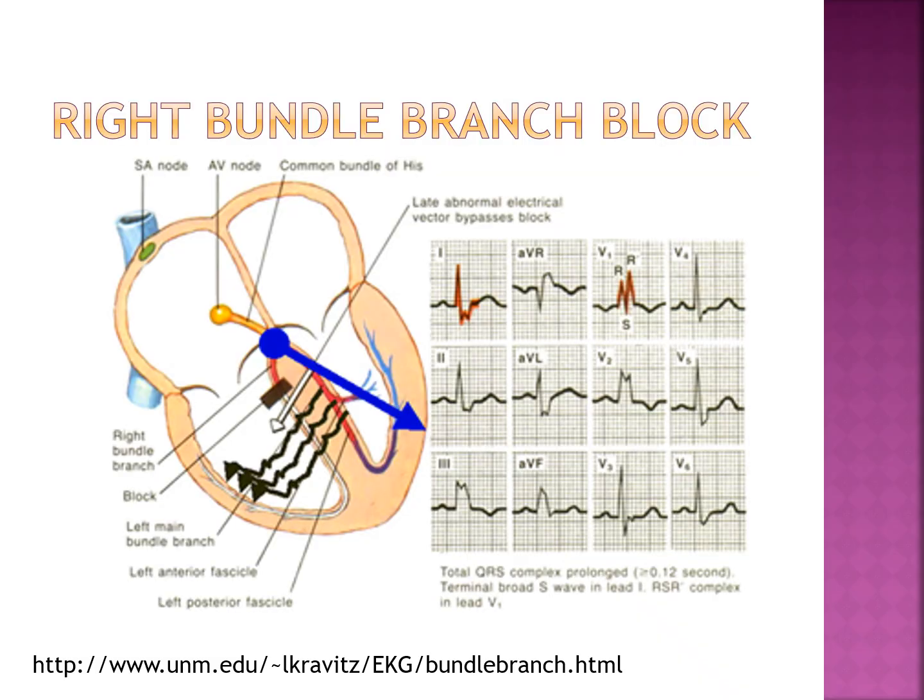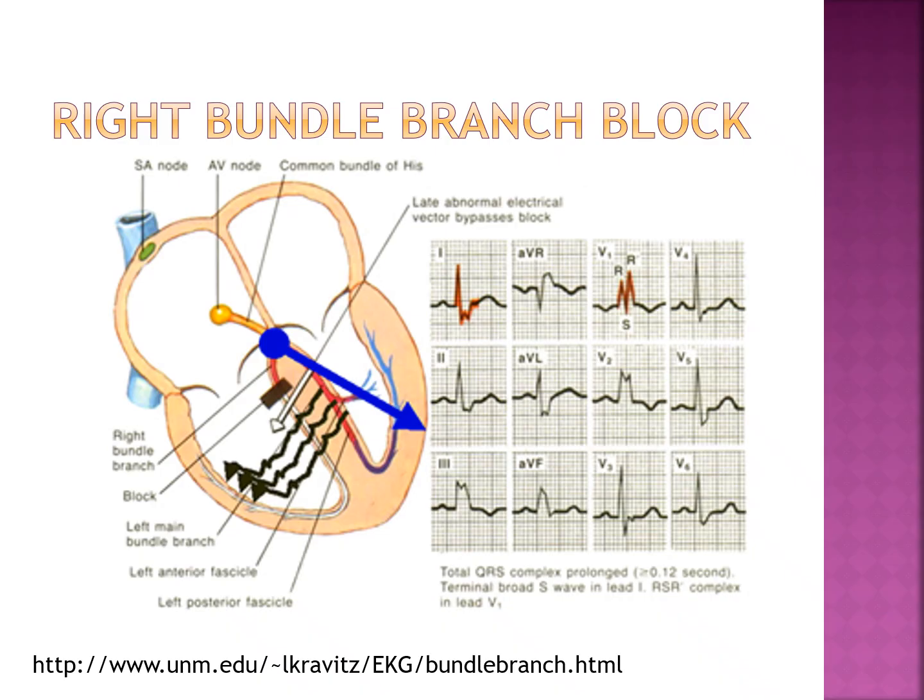When you have a right bundle branch block, and this is how I tend to look for it because it makes so much more sense to me in a lot of ways, looking at our picture here, we can see that the right bundle branch is blocked a little bit. So we have to get our electricity from the left side of the bundle instead, and it sends the signal over to the right side a little bit slower.